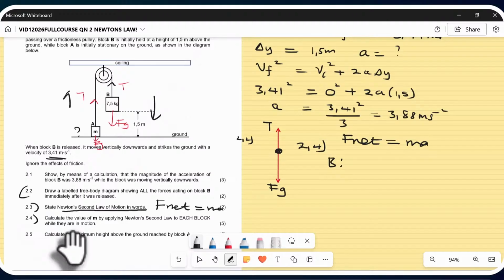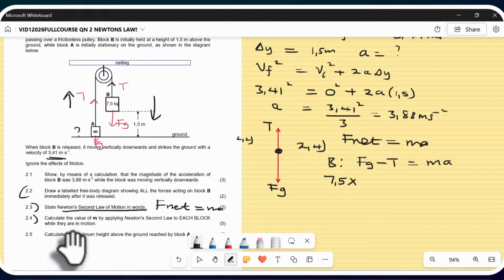In this particular case, the Fg is mg, that's 7,5 times 9,8, and then minus the tension T, which I don't know, equals m, that is 7,5a.